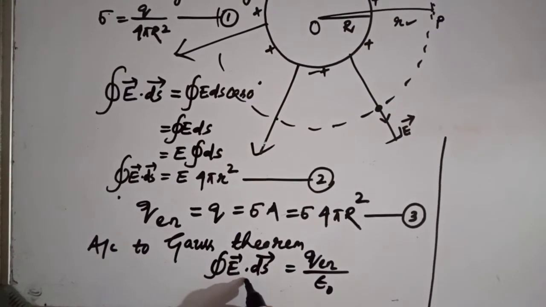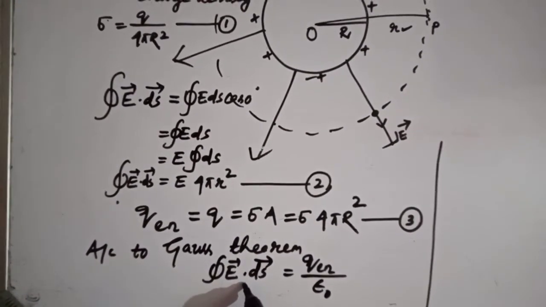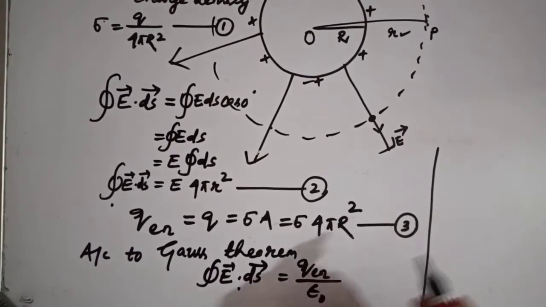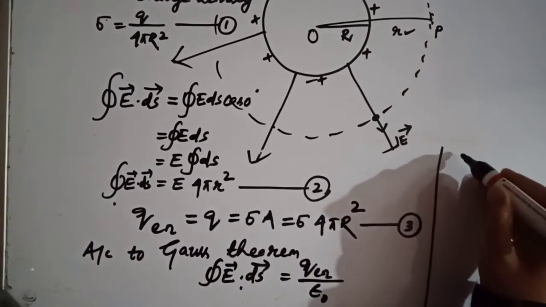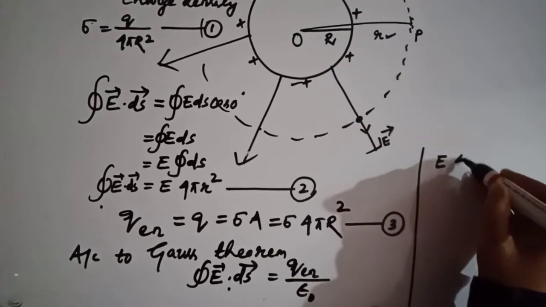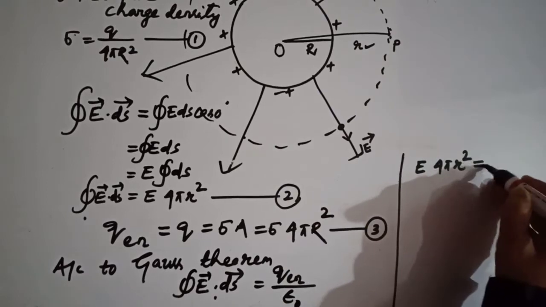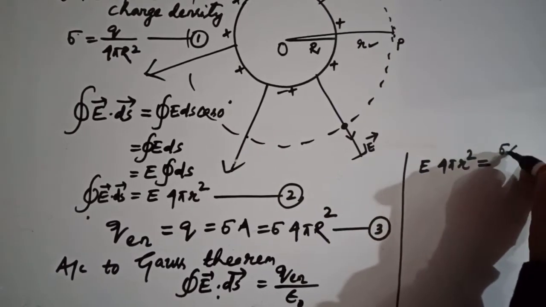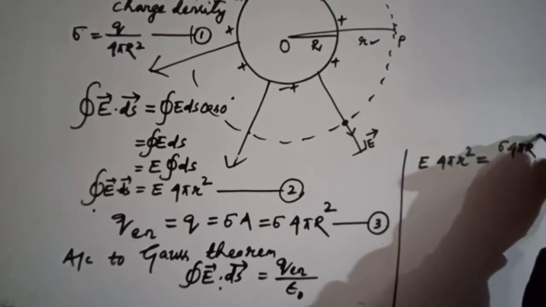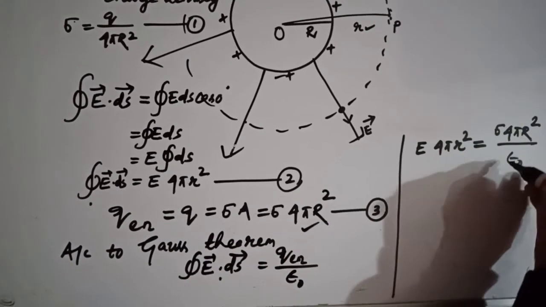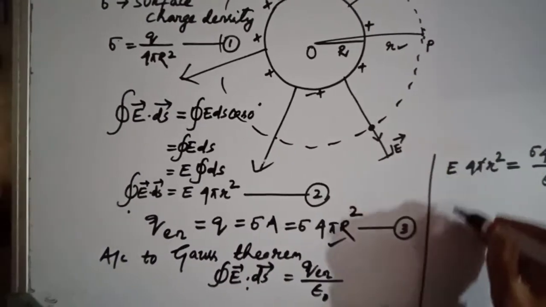the integration of E dot ds from equation 2 and the charge enclosed from equation 3, it is E into 4 pi r square is equal to sigma into 4 pi capital R square, this is the charge enclosed, divided by epsilon naught. Your 4 pi cancelled.